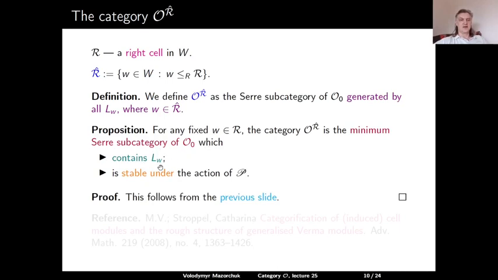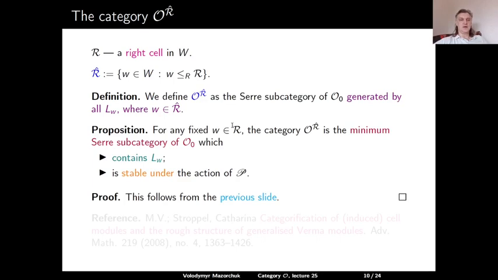When we start from Lw and start applying projective functors, we will get all elements Lu, where u is less than or equal to w with respect to the right order. So the corresponding Serre subcategory then should be generated exactly by the corresponding set R hat.